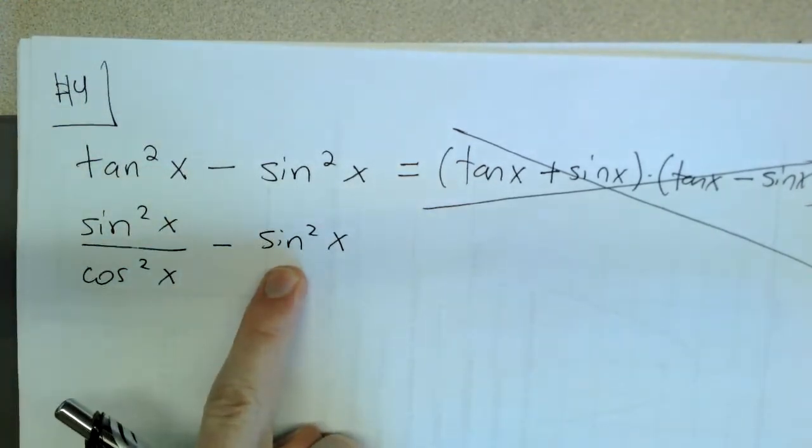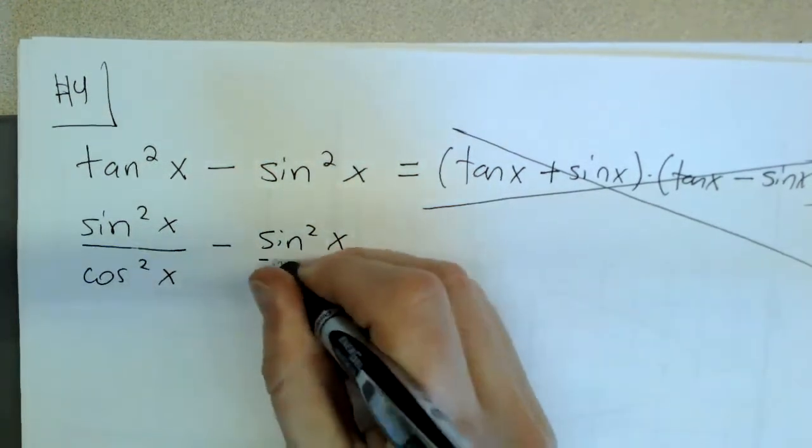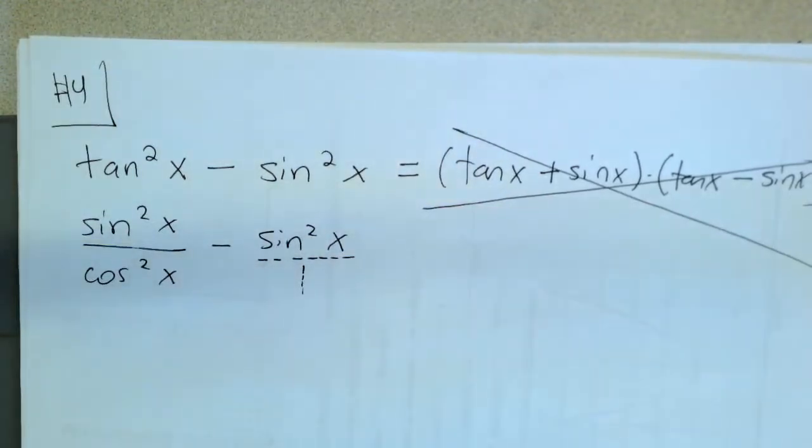I'd say it can always be viewed as a fraction, right? You can view this sine squared as being sine squared over 1. And then one thing you might try is combine those 2 fractions, right? Get common denominators and put them together. I don't really have any surefire way of knowing that that's actually going to do anything. It's kind of just a hope, really, at this point.